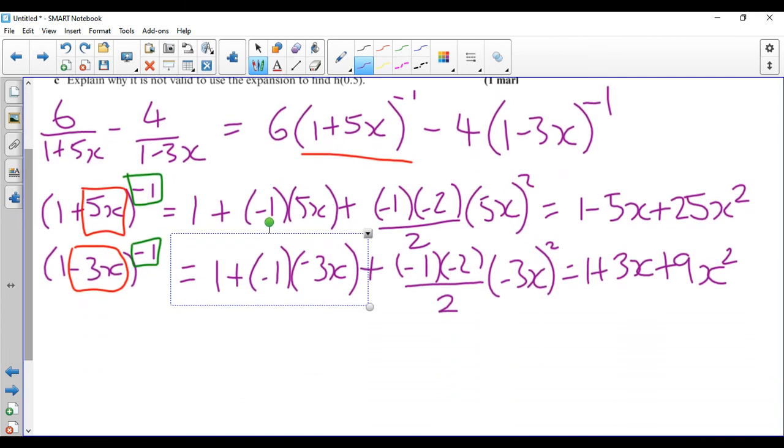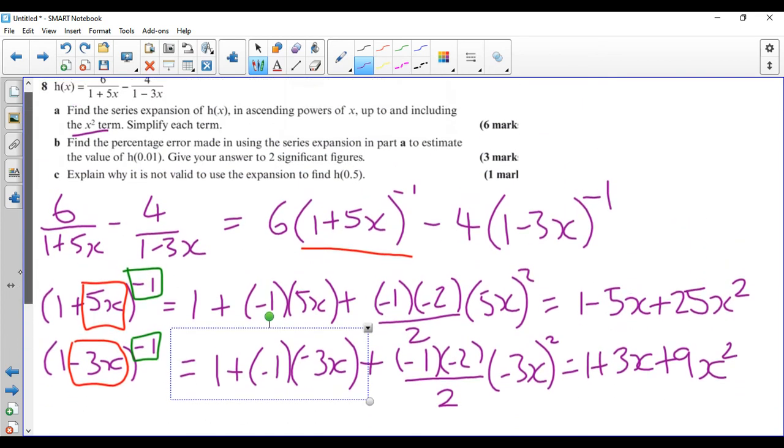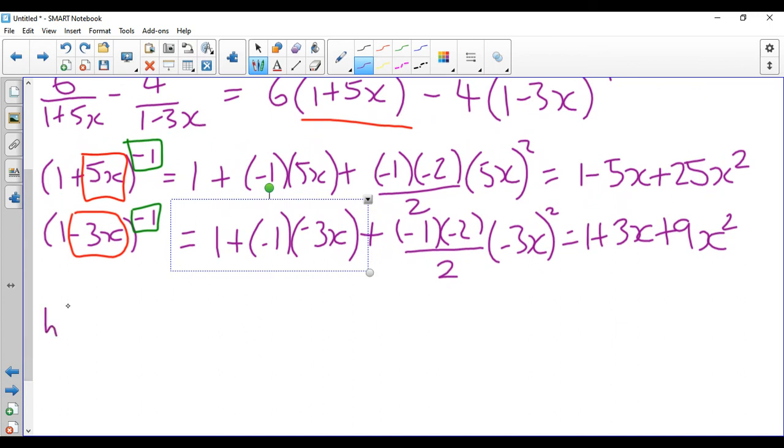I'm now going to go back to my function, and as they gave it in letter form, I'll use that to make it easier.